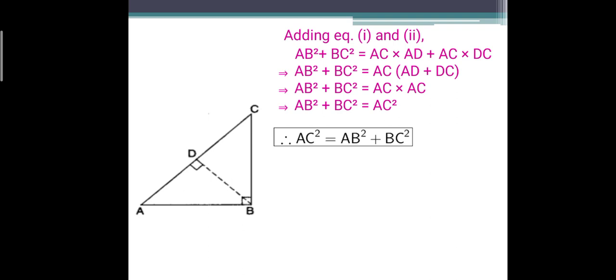After that, I added both the equations and got my result as AC square equals AB square plus BC square. That shows hypotenuse square equals perpendicular square plus base square. This was the last theorem as per the revised syllabus of 2020.